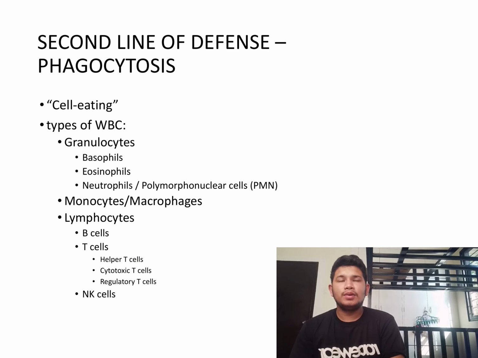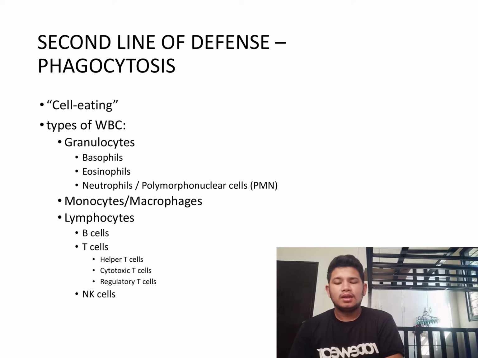Types of WBC or white blood cells. Granulocytes, a part of the immune system that has granules with enzymes. These are released during infection, allergic reactions, and asthma.